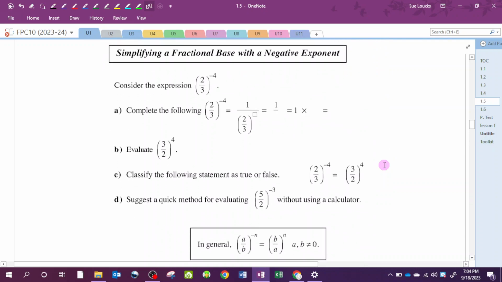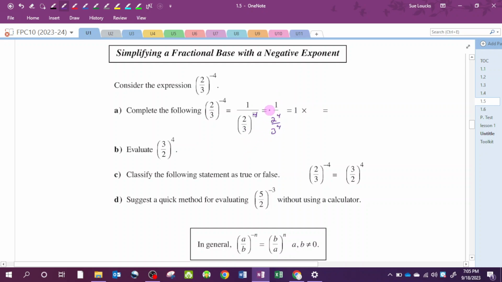Simplifying a fractional base with a negative exponent. So let's work through this. We've got 2 over 3 to the power of negative 4. And so I can move the whole thing to the denominator, right? Make it 1 over 2 over 3 to the 4. My exponent is now positive. So that makes it 1 divided by, and I'm going to expand this, 2 to the 4 over 3 to the 4.